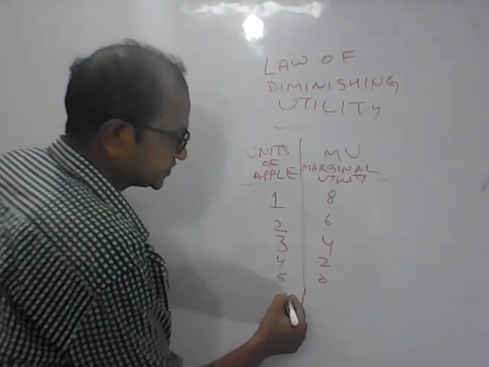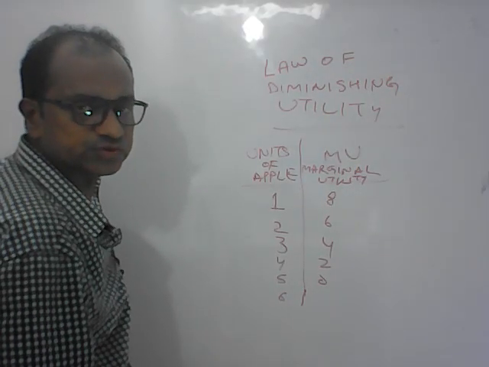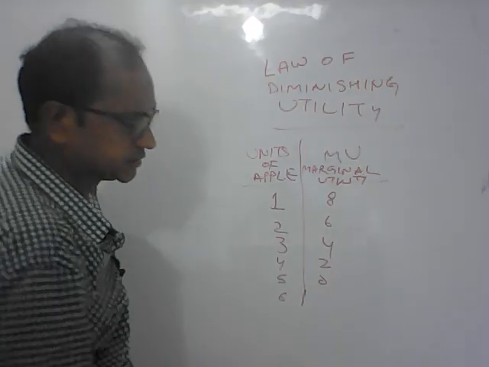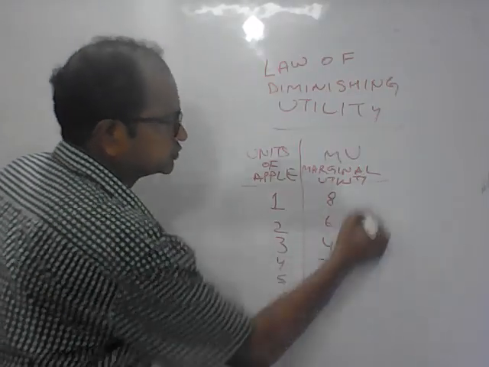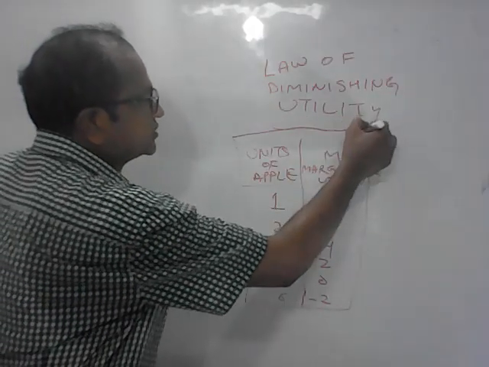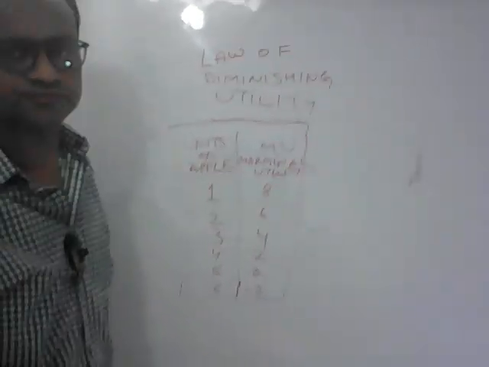On the consumption of the sixth unit of apple, when the consumer is hungry and wants to eat more apples, it is -2. So marginal utility goes on diminishing with the consumption of any commodity.